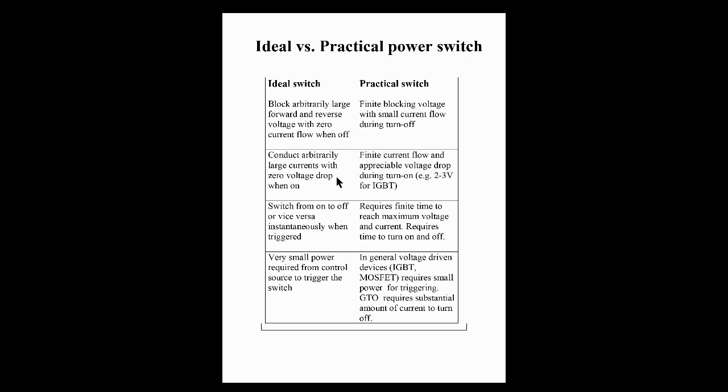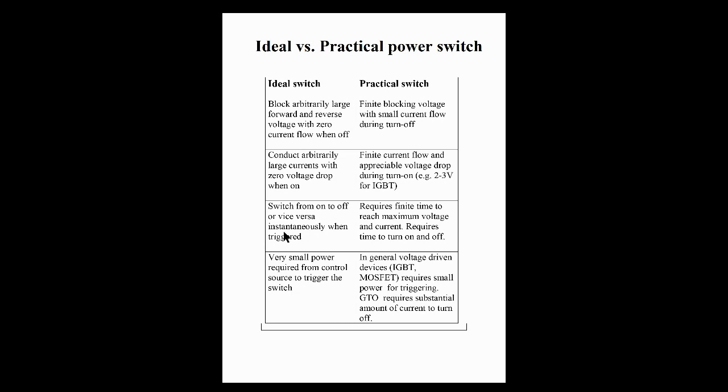On the other hand, you don't have any voltage drop in going from off to on in the ideal switch, you have 0 voltage drop. The switch, as we have seen earlier on, when we go from on to off or off to on, is instantaneous.